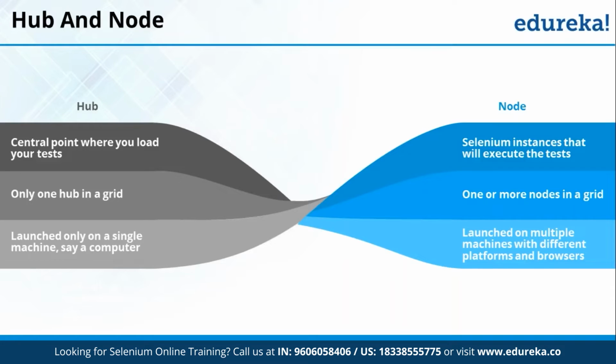Only one hub in a grid. So in this entire grid system, we'll have one hub and multiple nodes. Launched only on a single machine, say a computer. If you want to launch a hub, obviously this entire configuration consists of systems, so you can launch this only on a single machine, let's say a computer.